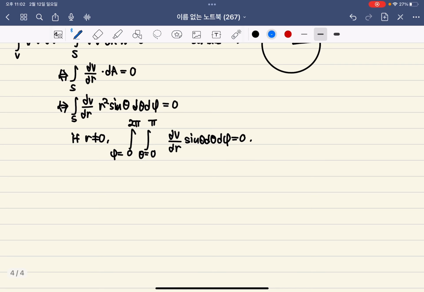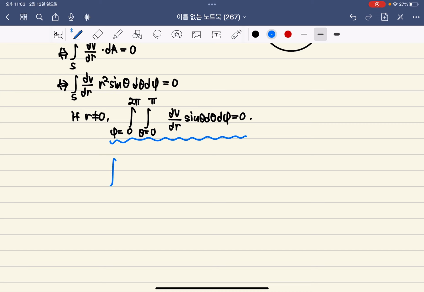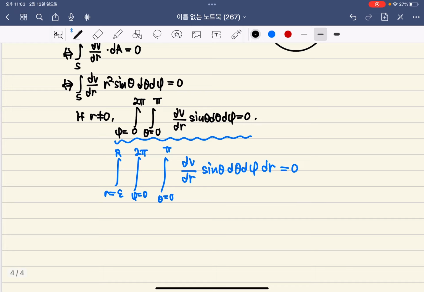So now we think of this equation as an integrand, and we put on another integral where r goes from epsilon to large R. This equation should also be 0 because the integrand is 0.